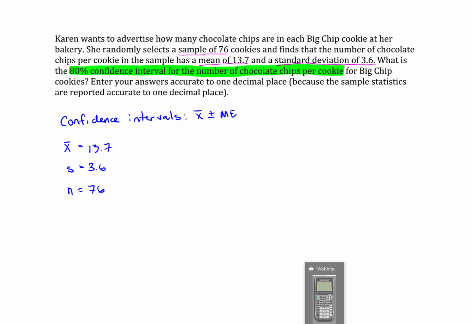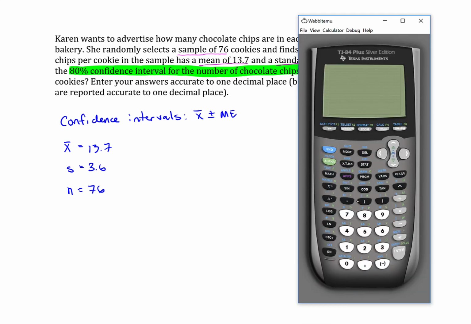When using the calculator, you have a few different functions that will help you come up with confidence intervals. The ones that deal with sample means are z-interval and t-interval. And often you have to make a choice as to which one you're going to use. You would use z-interval in the case that you happen to know the value of the population standard deviation. But that's a pretty rare situation. So for the most part, you're going to use t-interval.